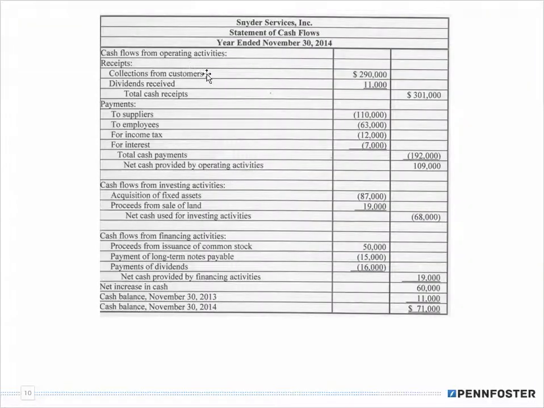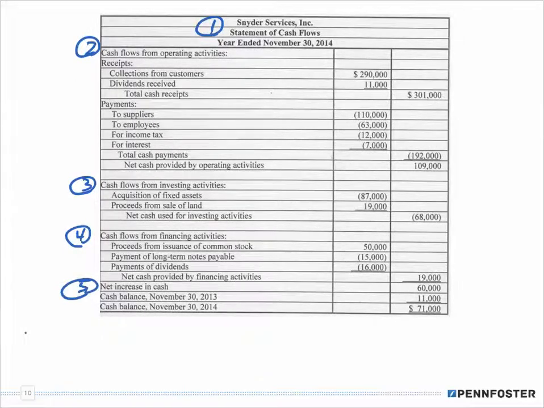So here's the statement with the direct method, and the flow that I go through when I'm doing this is: one, I create the heading. Then two, I will section off my operating activities, my investing activities, and my financing activities, and then lastly I put the net increase or decrease in cash.